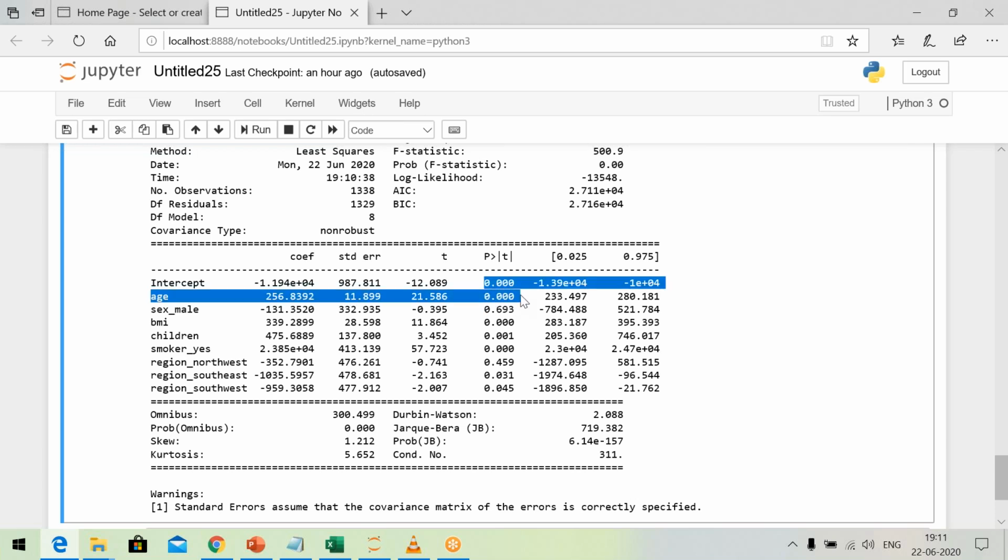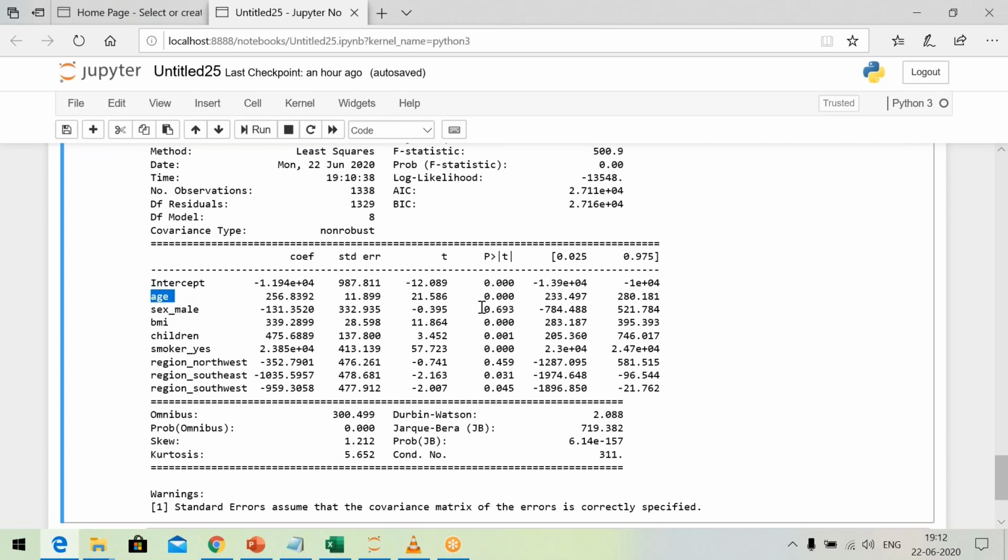If the p value is less than 0.05, that means the corresponding variable is important. Look at the second value, it is less than 0.05. The corresponding variable, age, is very important. We should retain it in the equation, we should retain it in the model. It influences expenses. What do we want to predict? We want to predict expenses.